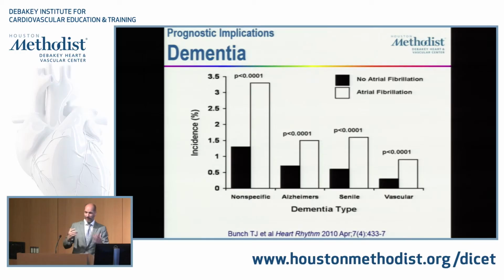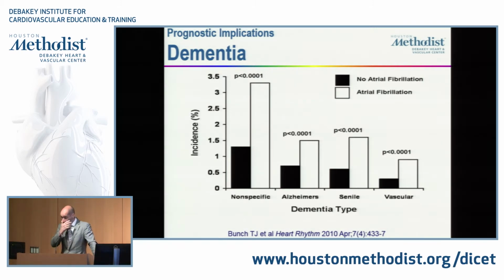More recently, it has been reported that atrial fibrillation can be associated with an increased risk of dementia. We used to think, well, it's just strokes. Patients may have subclinical strokes that may not have a motor deficit or slurred speech or any other visible or noticeable symptom, but they just have cognitive decline.